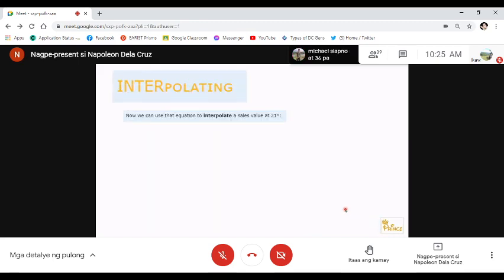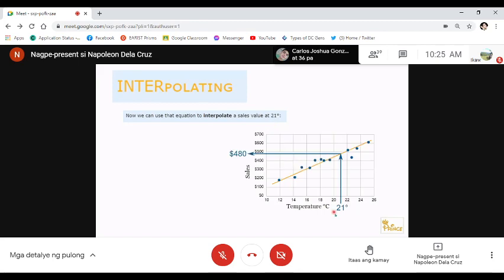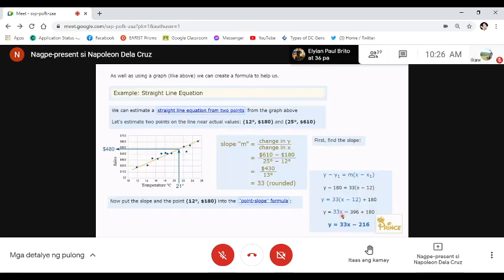So interpolating, we can now use the equation to interpolate the sales value at 21 degrees centigrade. We don't know if this is exact. We just estimate that based on the figure. But this time, we can solve for that because we already have the equation of the line.